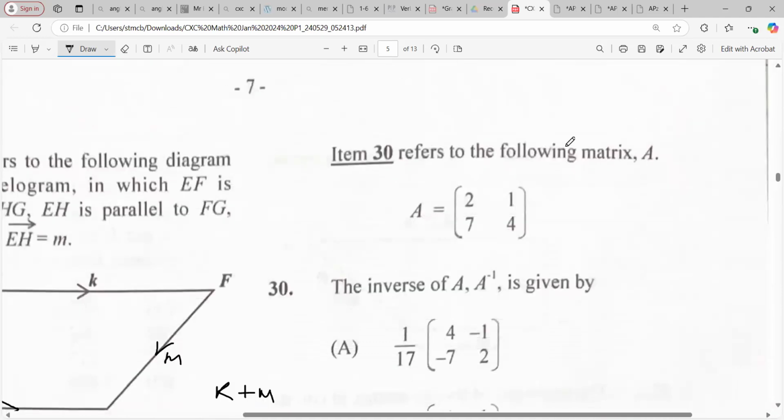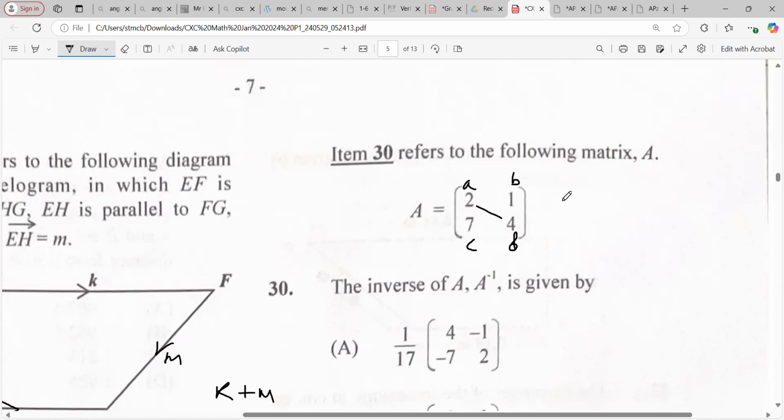Item 30 refers to the following matrix. The inverse of A is what we need to find. To find the inverse of a 2 by 2 matrix, first of all, it's in the form A, B, C, D. First we have to find the determinant, which is AD minus BC.